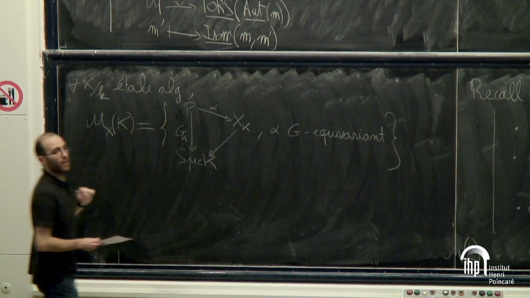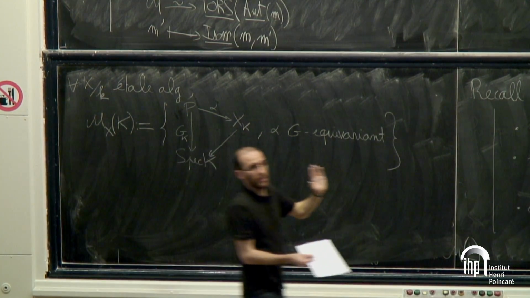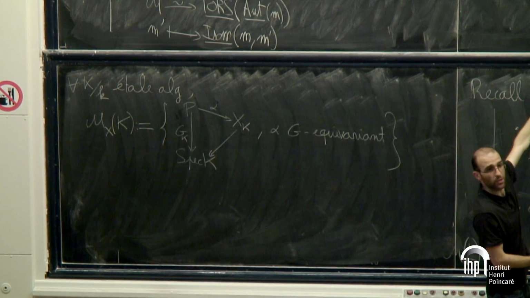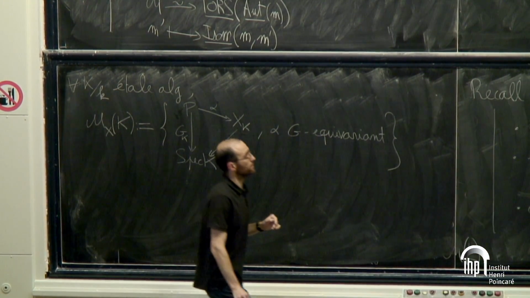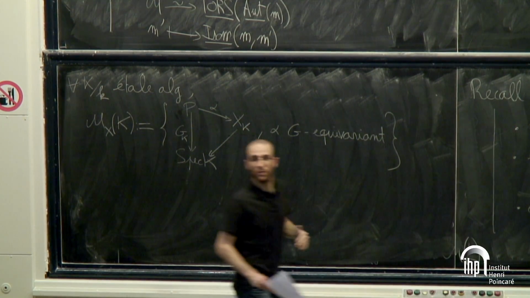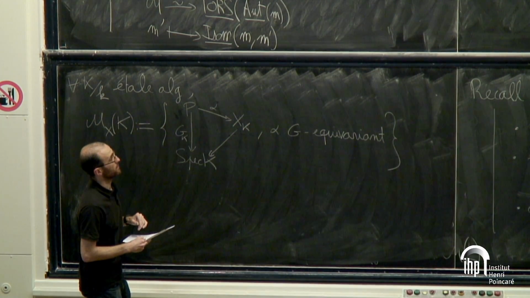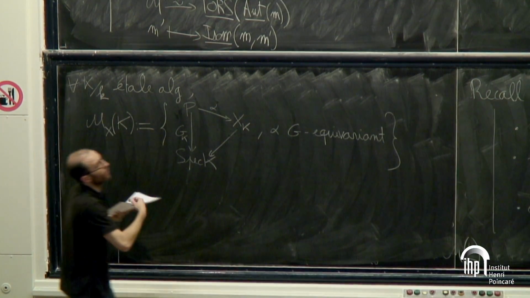So this is the gerb associated to the homogeneous space. And you also have a construction in the opposite direction, similar to taking the quotient of G by a subgroup, but here you have to work a little more to construct the associated homogeneous space. So this is the replacement for statement 1.